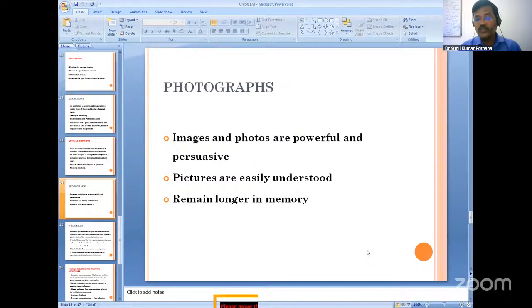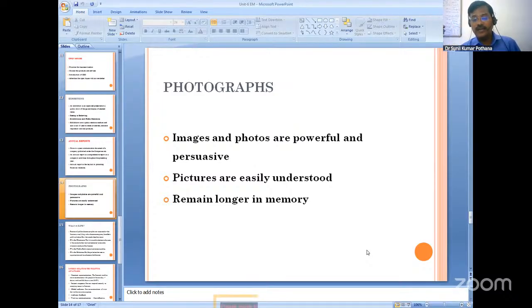Images and photos are powerful, and it's also easy for the reader to understand. Without photographs, it will not be very effective. Pictures are easy to understand and remain longer in memory. This is the main concept.